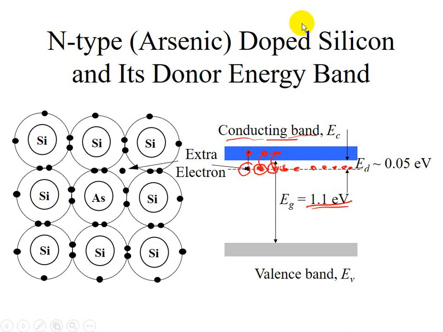In that case, let's look at how we define a conductor. We mentioned that to be a conductor, there are 2 criteria. First, you have electrons at the conducting band.